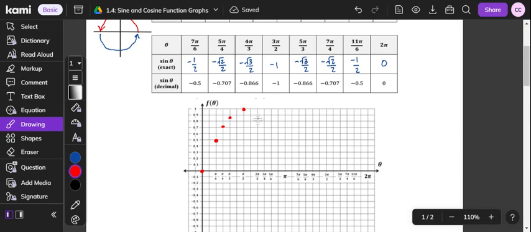So at 2 pi over 3, we're also at about 0.866. At 3 pi over 4, we're at 0.707. At 5 pi over 6, we're at 0.5. And then at pi, we're at 0 again. All right, so this is all of the points from my red table filled in.